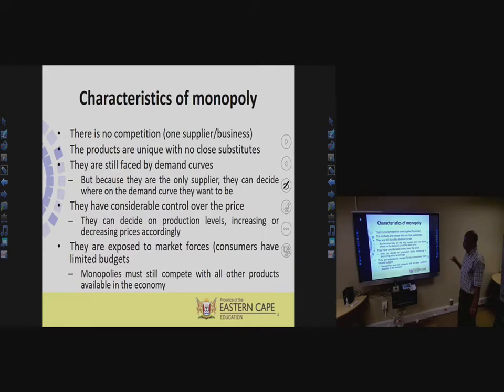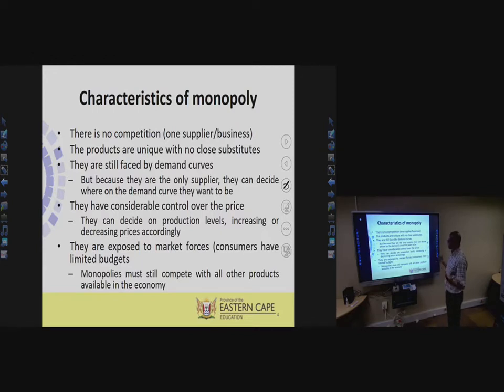Monopolies must still compete with all other products available in the market. We have said they are selling a particular product which is unique. But we must remember that this unique product is competing with other products. Consumers will decide whether to buy that product or the other product, because they are the ones who decide which product to buy.